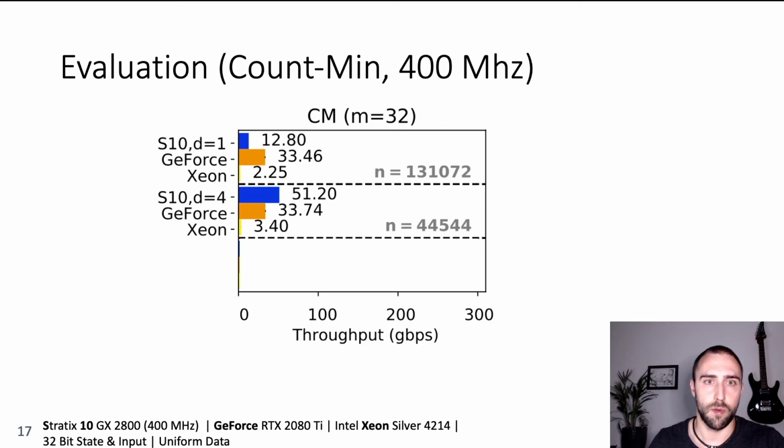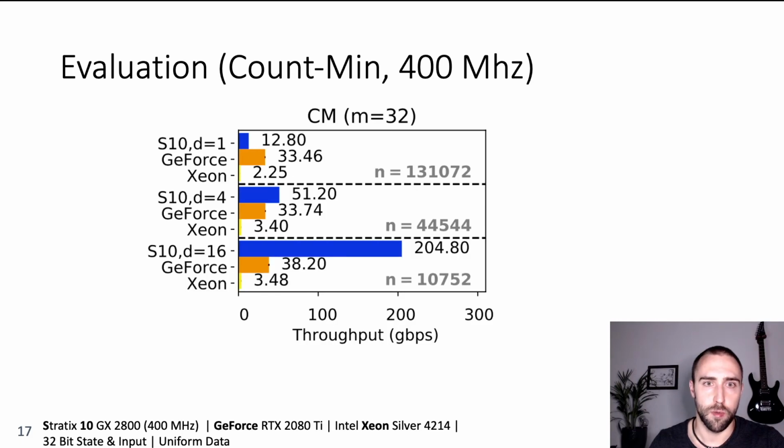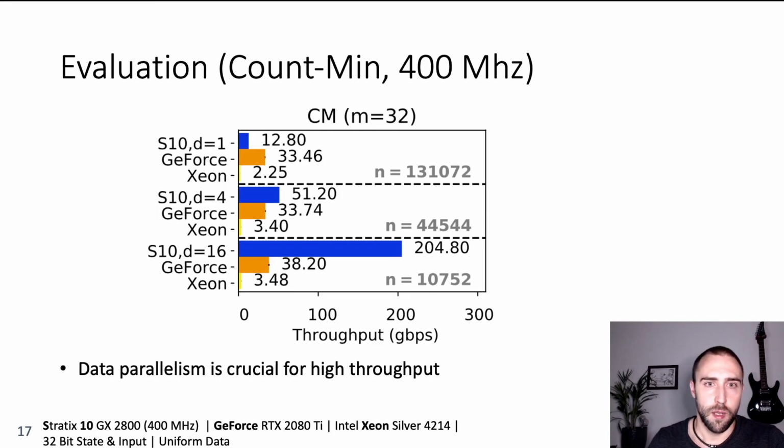However, the number of columns of the accelerator has decreased by a similar factor, as we need more resources to implement columns due to replication. If we take this further to an implementation that consumes 16 elements per clock cycle, we are even able to achieve more than 200 gigabits per second throughput. The takeaway message is that first, data parallelism is crucial for high throughput, and second, there is a trade-off between throughput and the summary size.